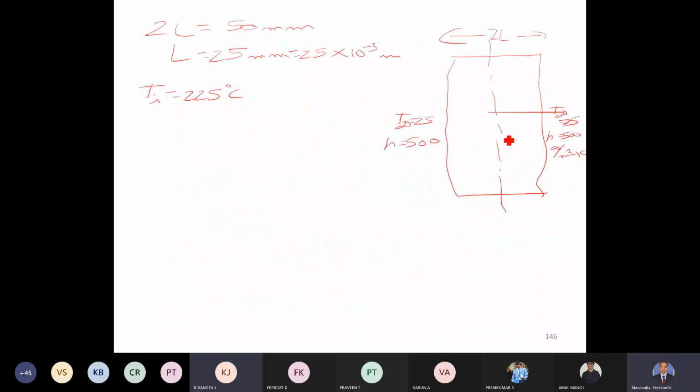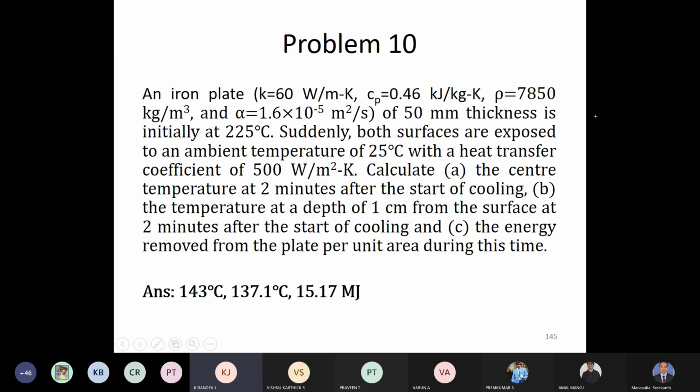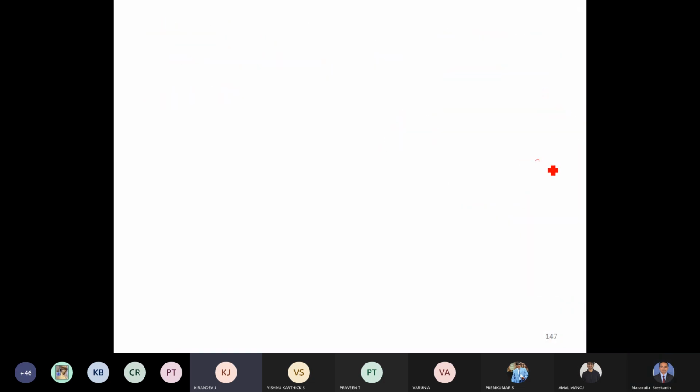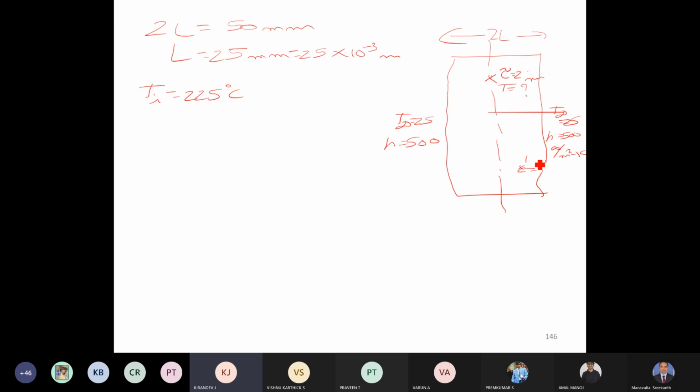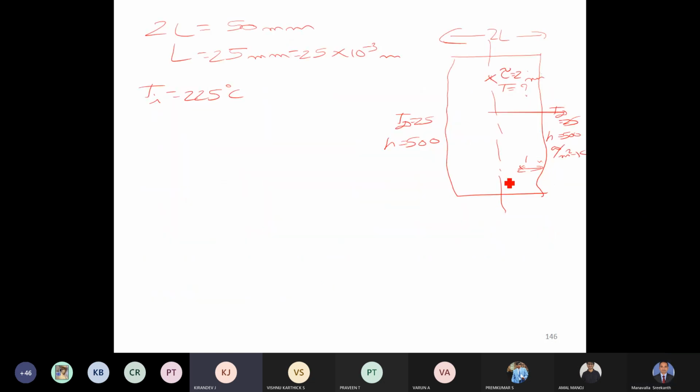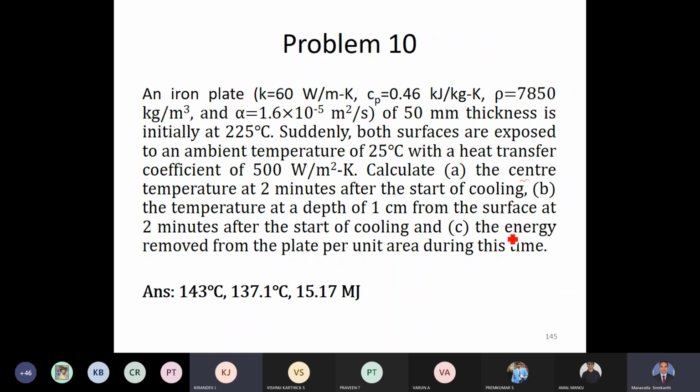Let me write it here. The center temperature at tau is equal to 2 minutes, and the temperature at a depth of 1 centimeter from the surface at 2 minutes after the start of cooling, and the energy removed.